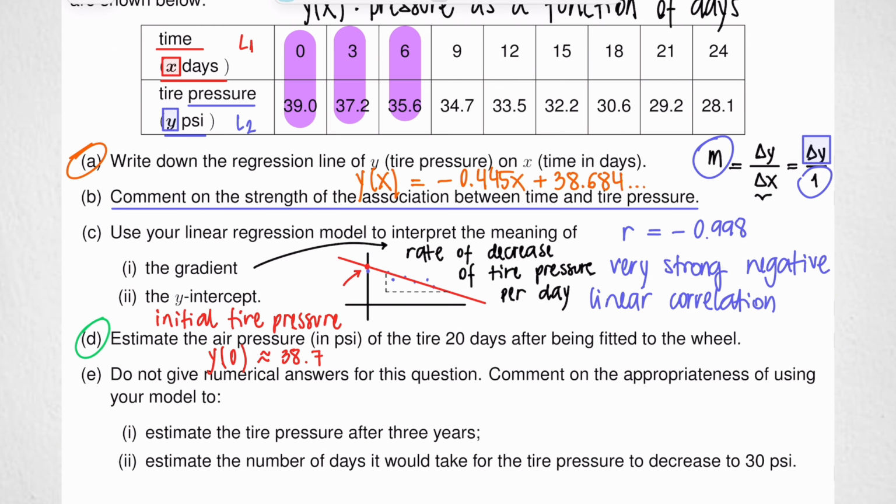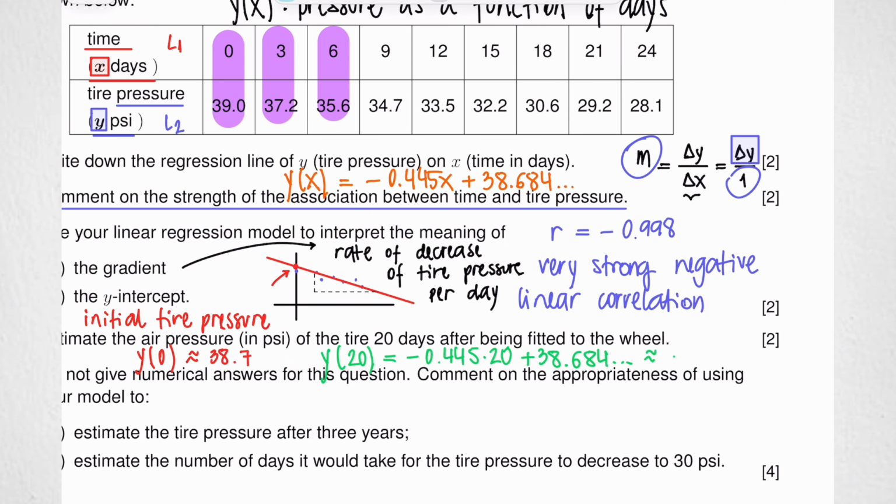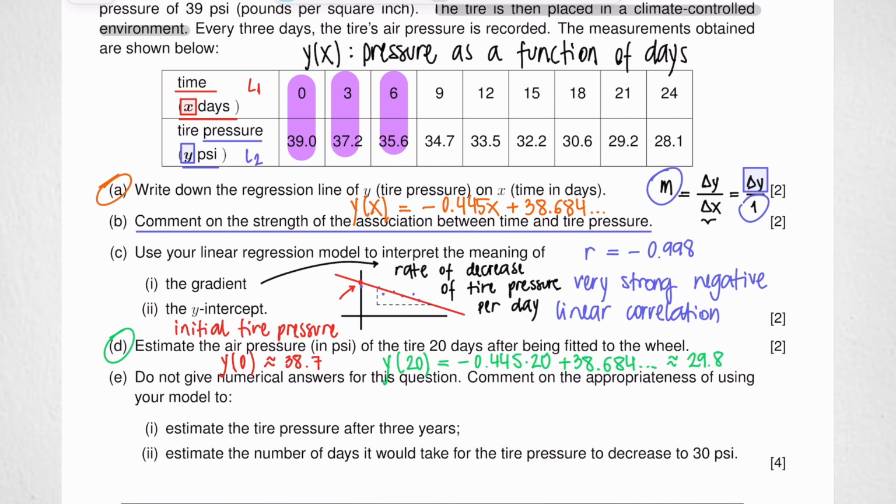We can, with our model, for example for question D, estimate the tire pressure after 20 days, which in this case is going to be approximately 29.8 psi. And we can do these calculations whenever we're inside the domain that we used to create this model. So for example, in this case, we're going from day 0 to day 24.